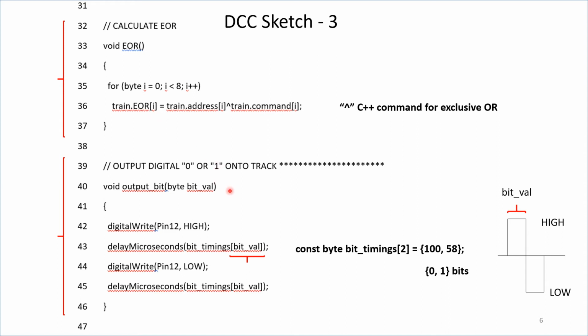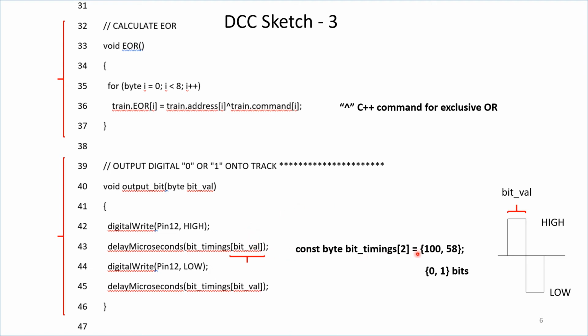Now I need to actually put zeros and ones onto the track. Initially when I set up the program, I put pin 12 at low, but now I'm setting pin 12 to high. That is maximum. So this sends out plus 10 volts onto the track.